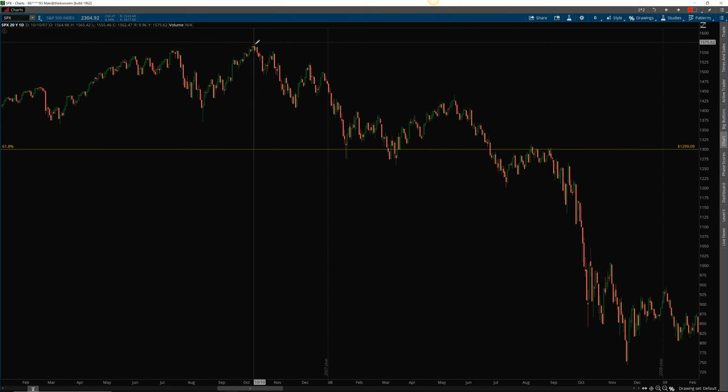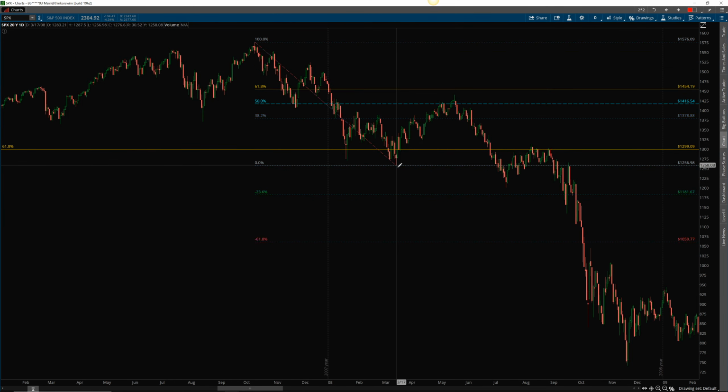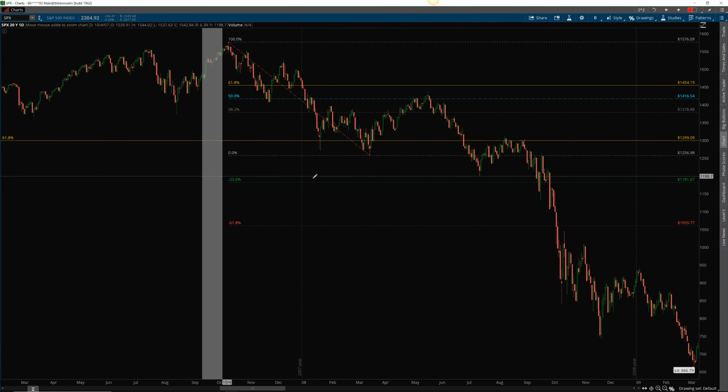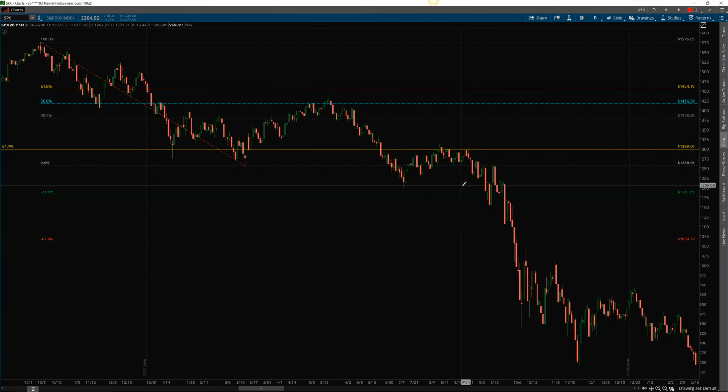Every crash is different, but our first full 50% retracement in 2008 traded and then completed its profit target. It traded its entry in May and completed its profit target in September. So once again, the time at which we were selling off was much slower than it is right now.